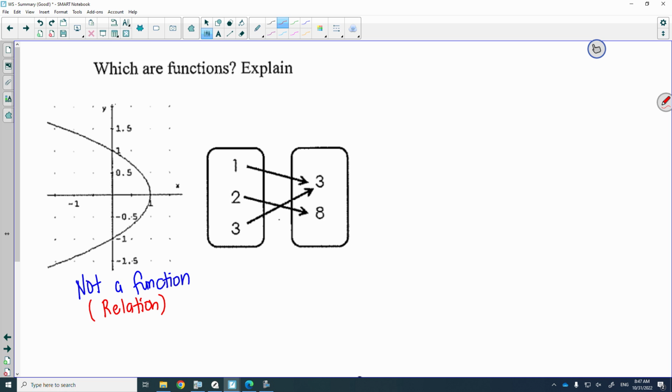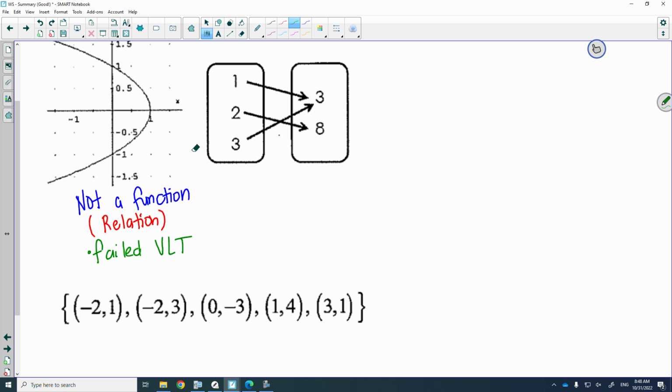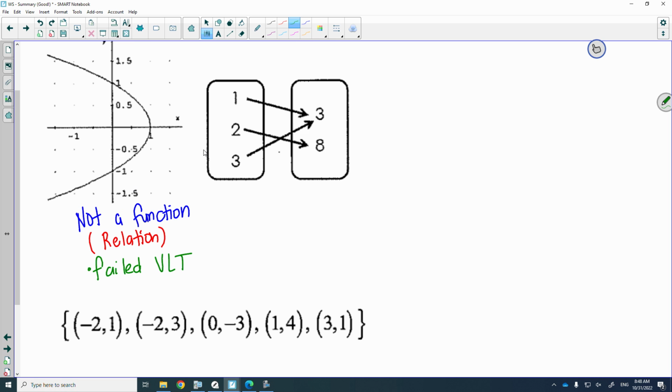There are a couple of reasons why you could say it's not a function. One is it failed the vertical line test. Actually, we'll show the reason for this one down here. This guy fails the vertical line test.